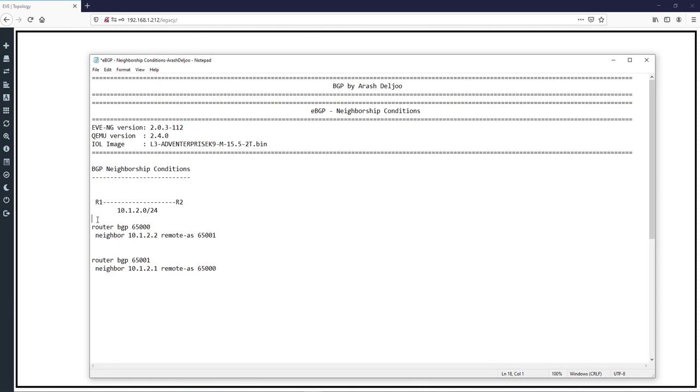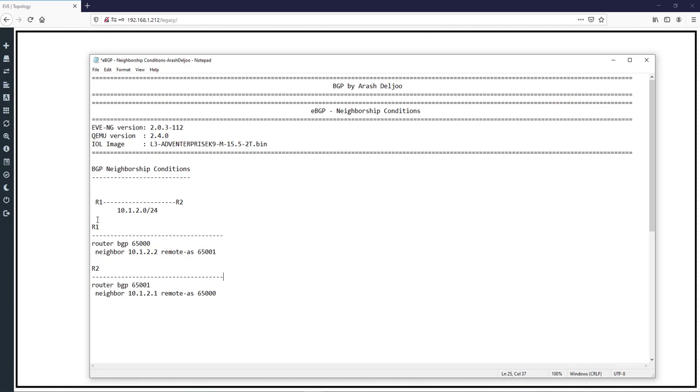This is the configuration of R1, and this is the configuration of R2. R1 is in AS 65000 and R2 is in AS 65001.